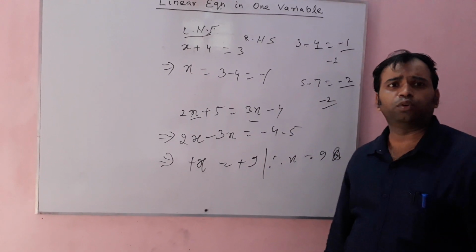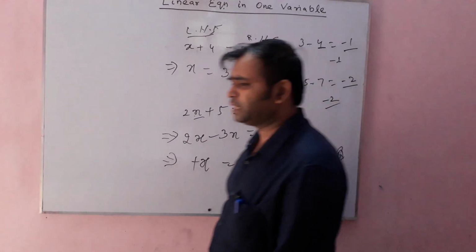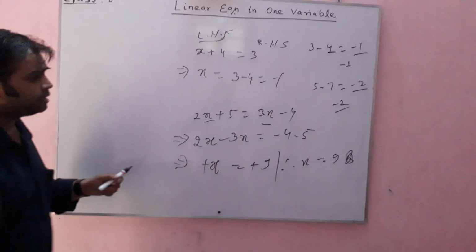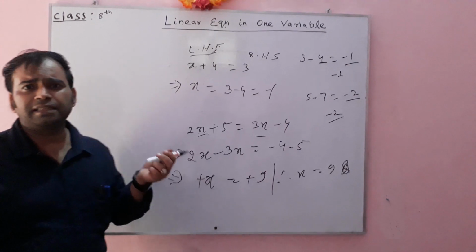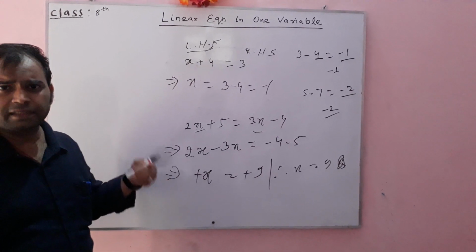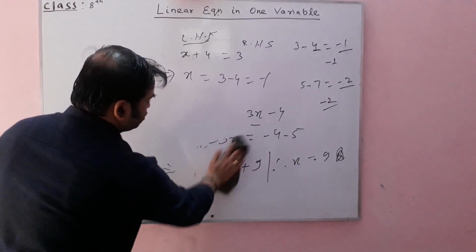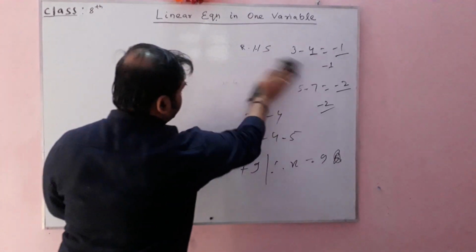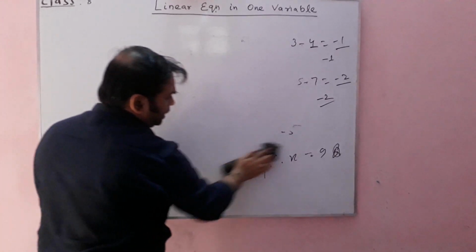So now we will go through the cross multiplication method. You will see these methods in further classes, as well as in class 9th, 10th, 11th and 12th. So just see here, the cross multiplication method. What is the cross multiplication method? The name itself is enough to describe this method.